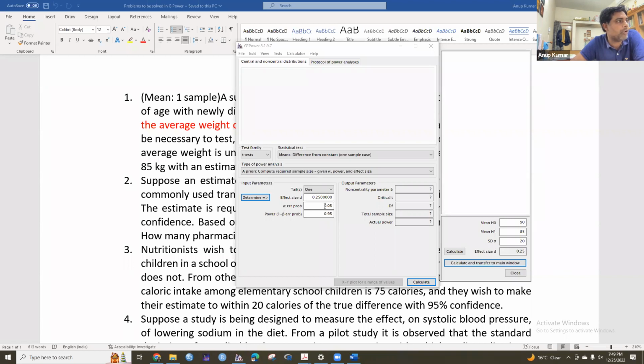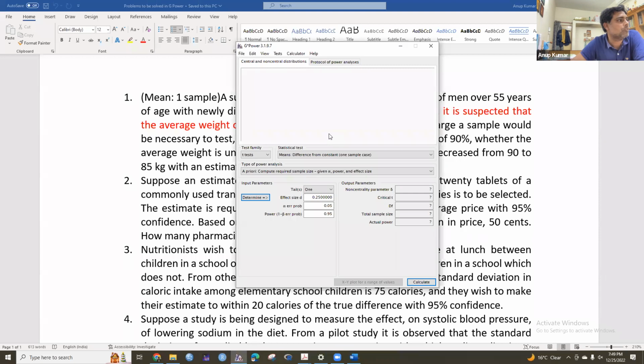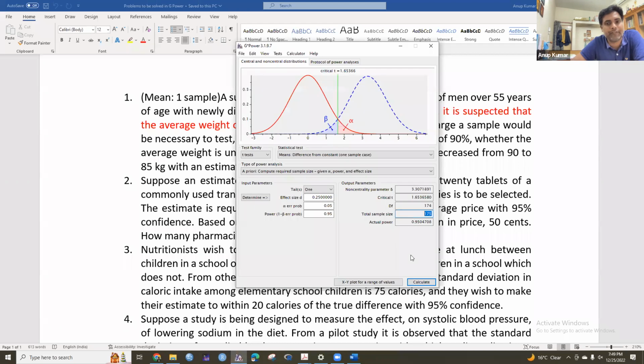Your type 1 error alpha is 0.05. And what is the power which he has been asking for? Power is 0.95, and then click on calculate. So for this, he requires at least 175 patients. Okay.